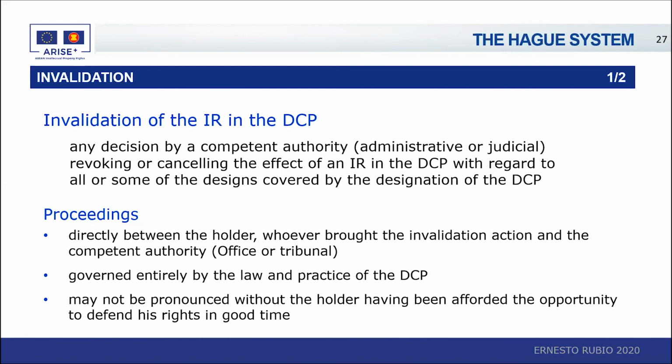If the invalidation procedure concludes with the invalidation of the right and there is no longer possibility to appeal that decision, then your office shall notify all those details to WIPO, and WIPO will take note of the invalidation in the international register and will publish a notice in the international bulletin whereby that international registration is no longer valid in your country.